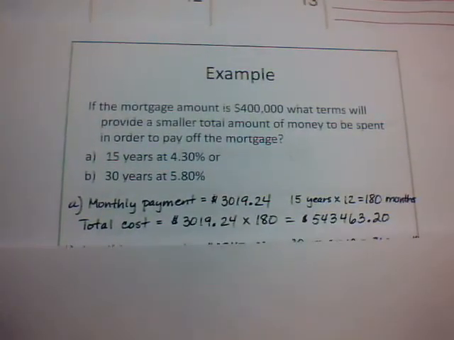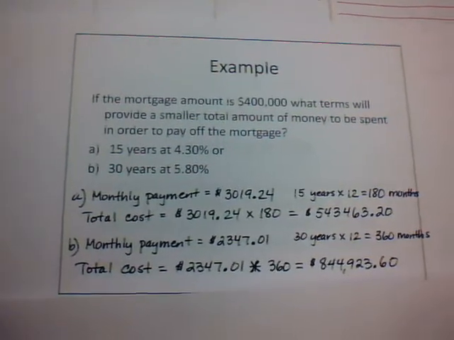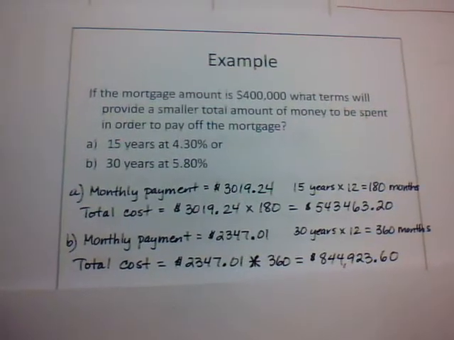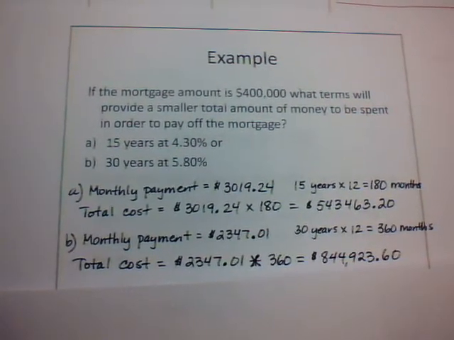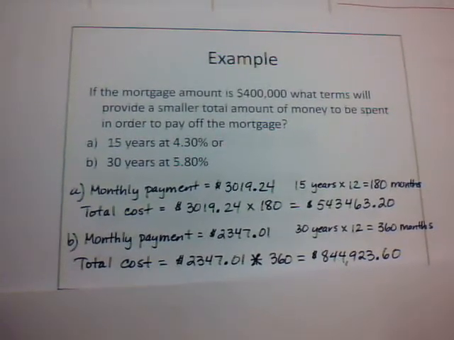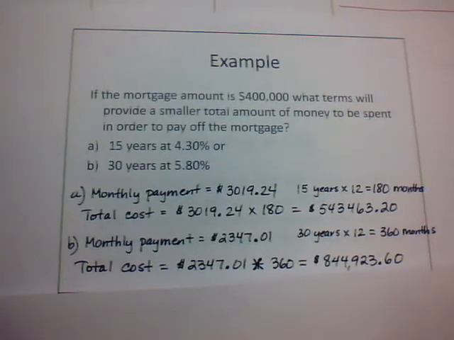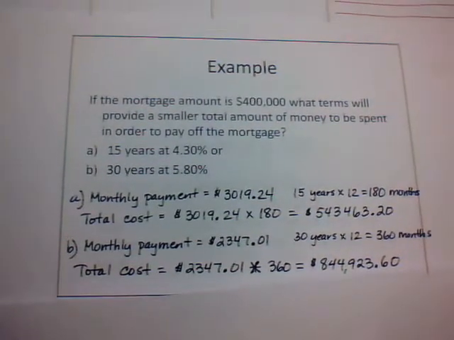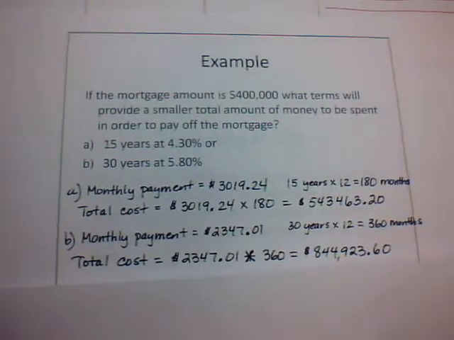Now, for a 30-year mortgage at 5.80%, you can see it's a higher amount. The monthly payment there was $2,347.01. Now, 30 years at 12 months is 360 months. Multiply that by the $2,347.01, you'll get $844,923.60.